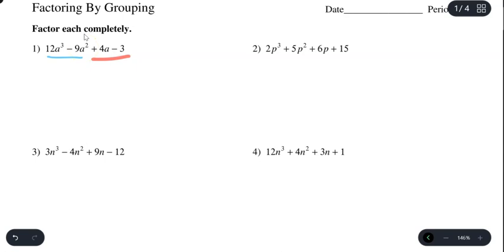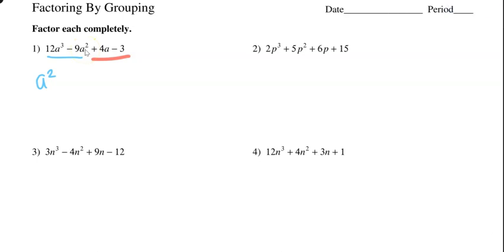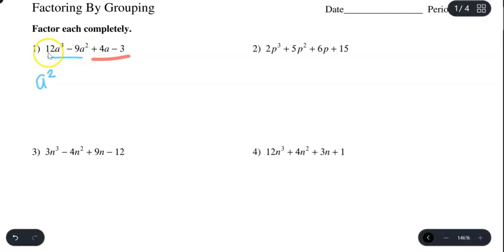Well, first of all, I can factor out an a squared because I've got a cubed here and a squared here. And for 12 and 9, the greatest common factor is 3. So I'm going to factor out a 3a squared.